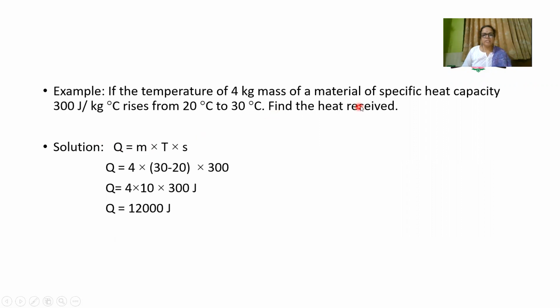Here we have to find heat received, which is heat gain, equal to mass into change in temperature into specific heat. Mass is given, 4 kg, change in temperature, that is rise in temperature, 20 to 30, and hence 30 minus 20, upper minus lower, and S is specific heat, that is 300. The answer is 12,000 joule heat is received.